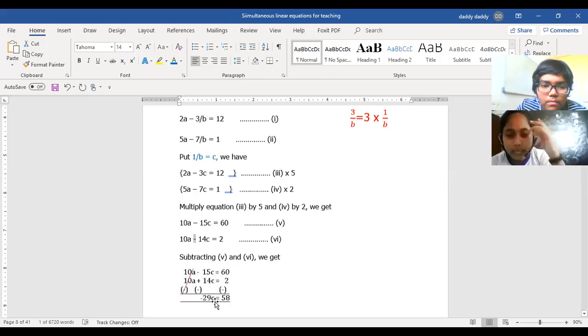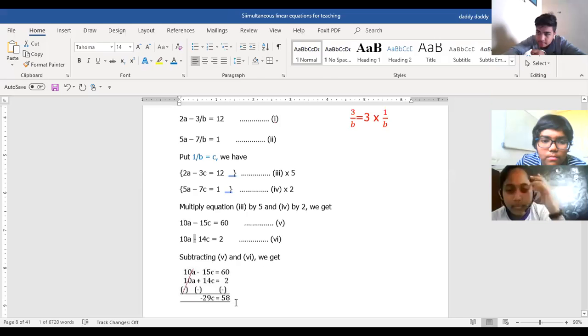Now you have got the value of c, isn't it? Yes, children? Yes, ma'am. Got the value of c. Now in front of you only I'm going to calculate the value of b. So I will do it with a blue pen so that you know that 1 upon b is equal to c, which is minus 58, isn't it?